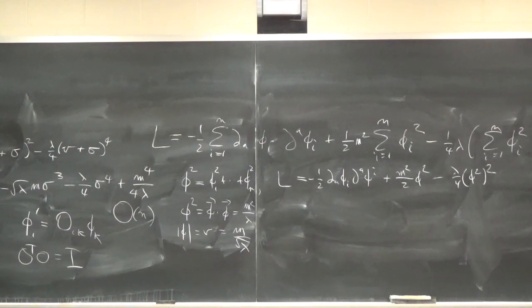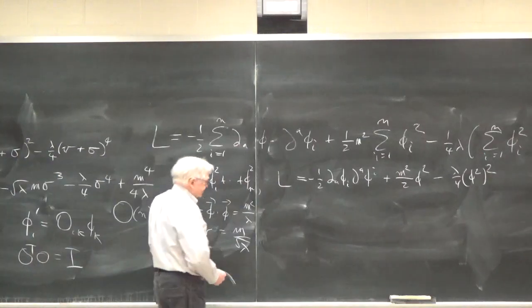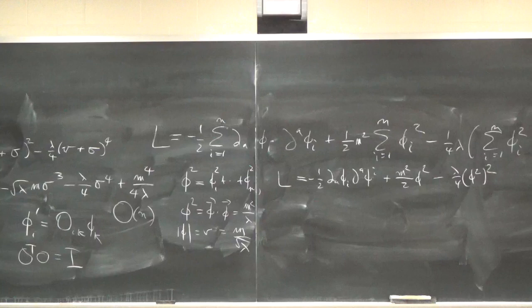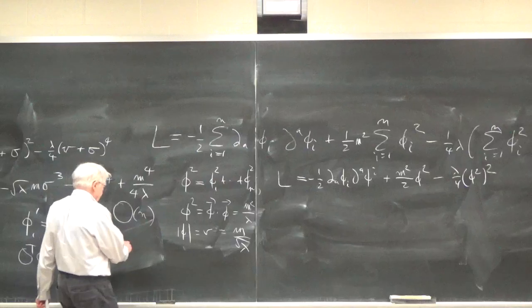Well, it's similar, but now whereas here we had a discrete symmetry, a reflection symmetry, so the group was, I guess it's called Z2, over here we have a continuous symmetry, O(n).